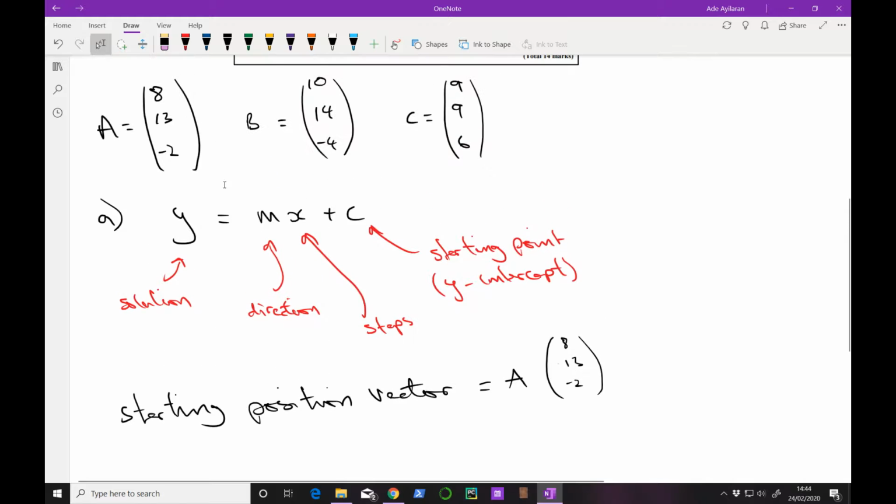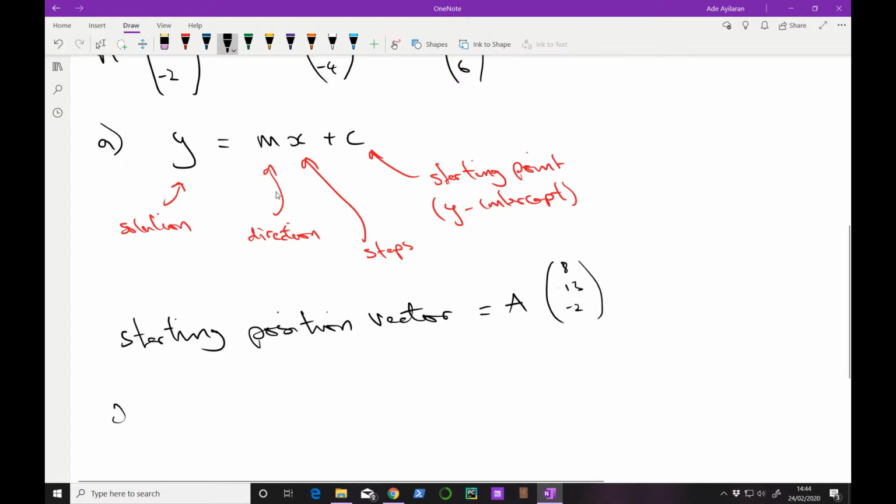My direction is going to be the vector arithmetic expression between A and B. So my direction vector is going to be AB.